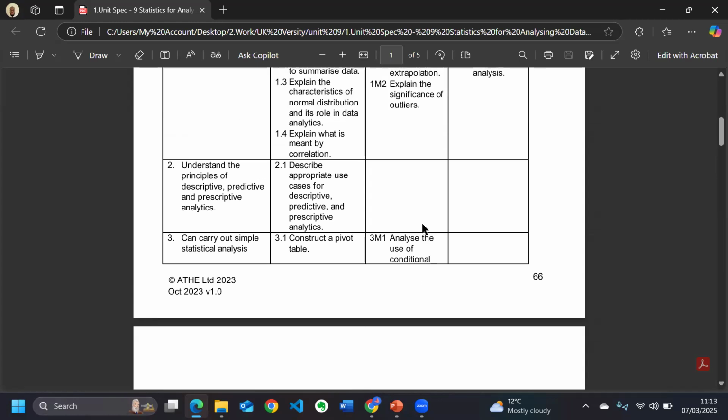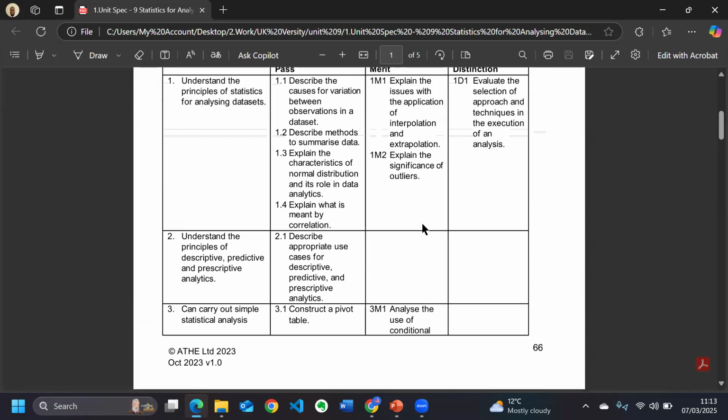This is a very short session compared to our first learning outcome, where we looked into the principle of statistics for analyzing data sets. So we're just going to have a 2.1 learning outcome, where we describe the appropriate use case for descriptive, predictive and prescriptive analysis.